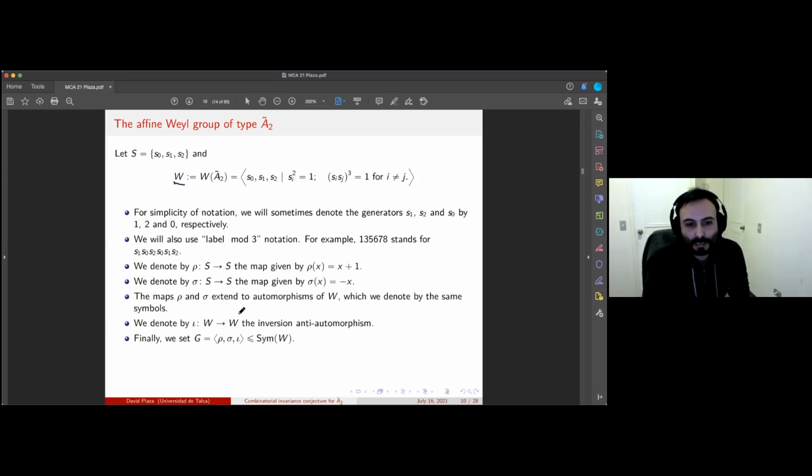And they can be extended to automorphisms of W, and we denote them by the same symbols. The last bijection we need to consider is the inversion anti-automorphism, which we denote by iota. And then we consider the group G as the subgroup generated by rho, sigma, and iota as a subgroup of the symmetric group on W.